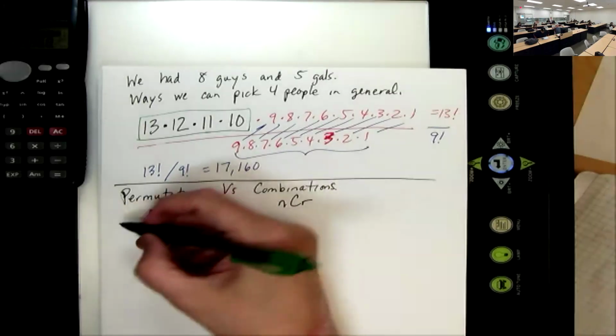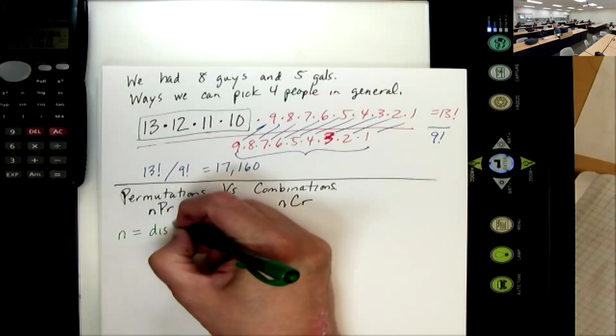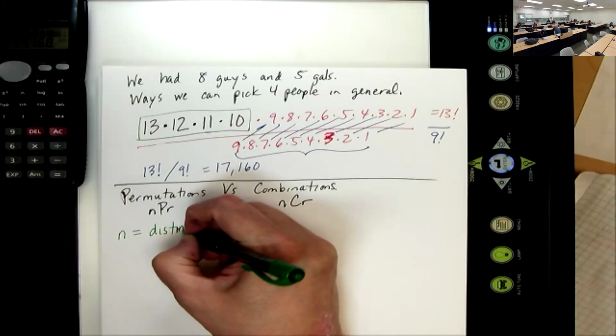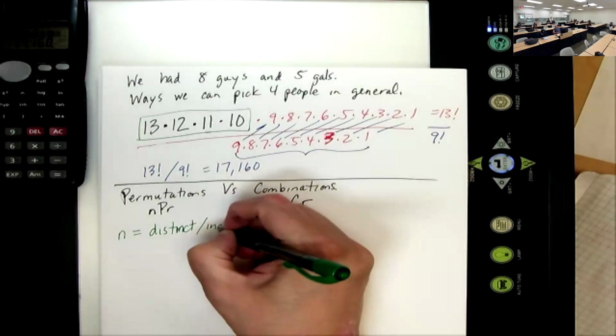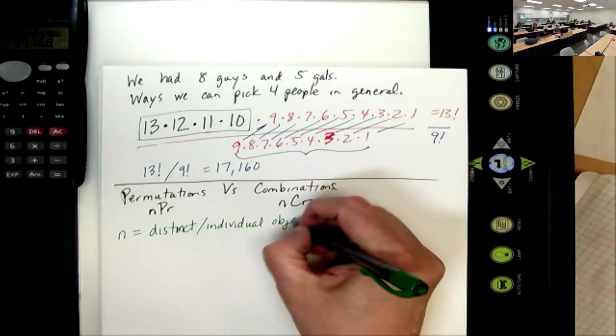Where N is the number of distinct or individual objects that you can tell the difference between.